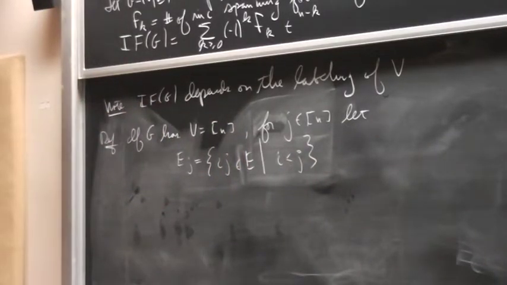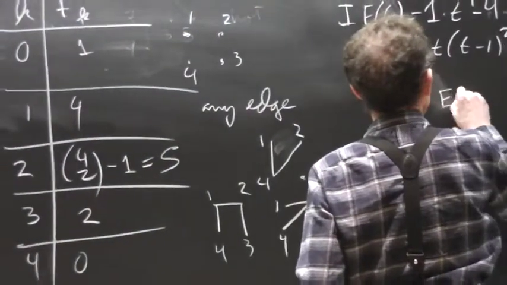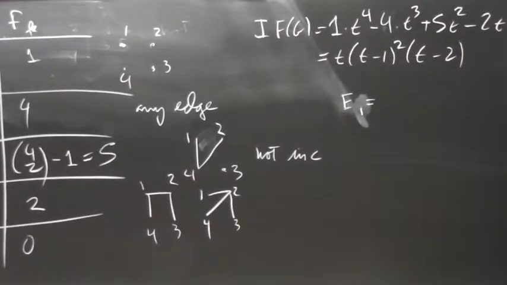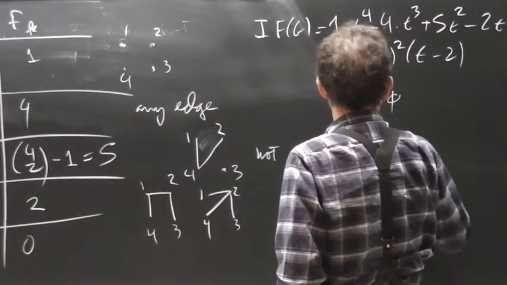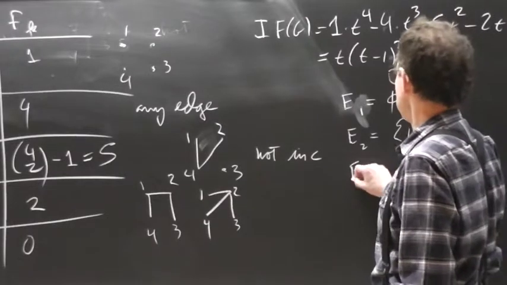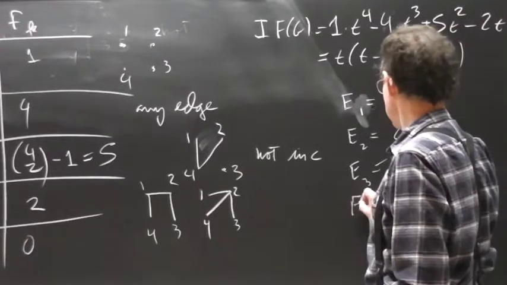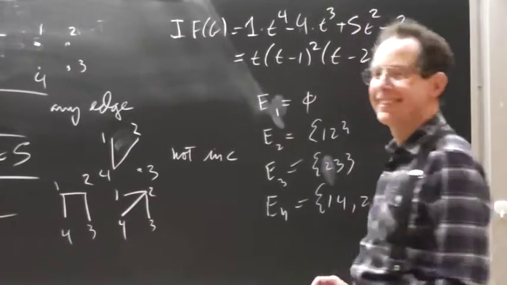So we look at all the edges coming into j from smaller vertices. Let's do that here. What does E1 look like? Nothing, right? 1 is the smallest vertex; there is nothing coming into it from a smaller vertex. E2 consists of 1, 2. E3 is 2, 3 rather, and then E4 is 1, 4 and 2, 4. I think you've got the idea.